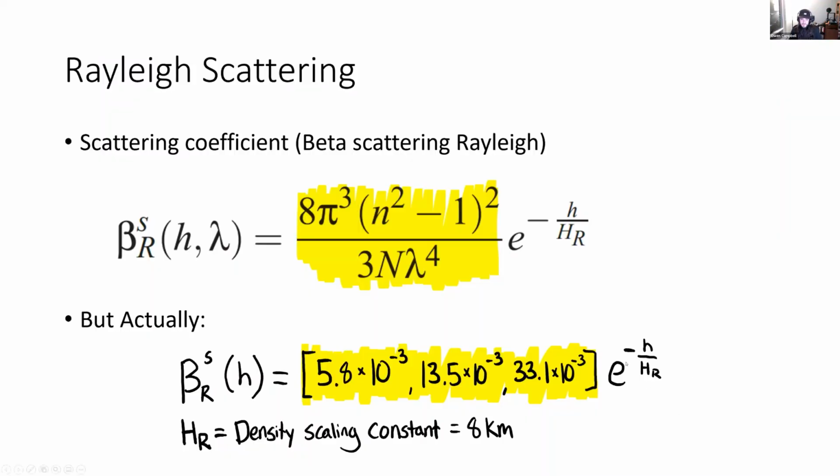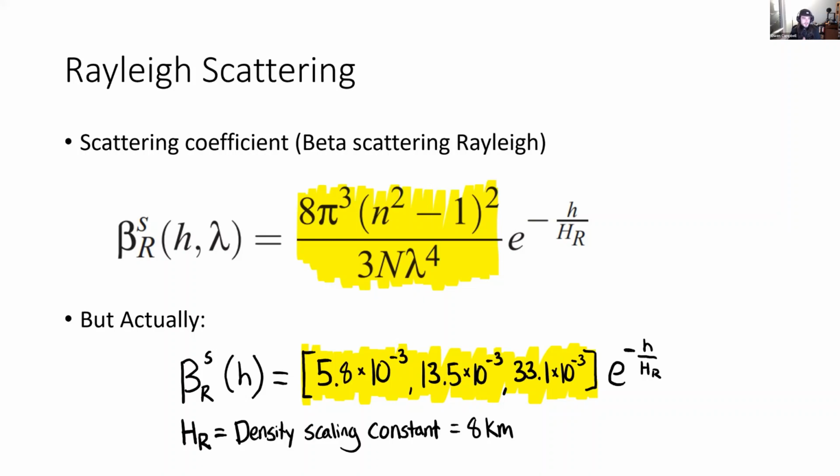And then the other important part is the E, so the exponential term here. This is where you use the height, and specifically you divide the height first by a constant, and this is basically just a way to scale the exponential function to represent how the air has a specific kind of distribution throughout the atmosphere.